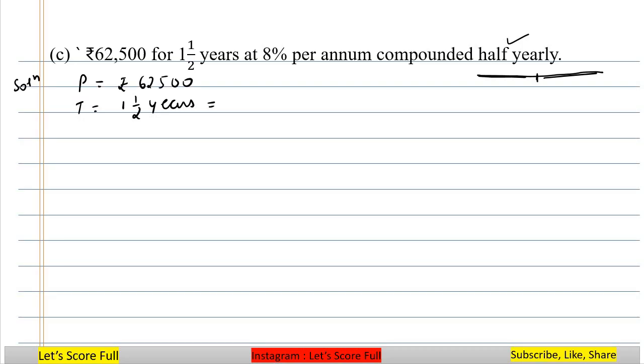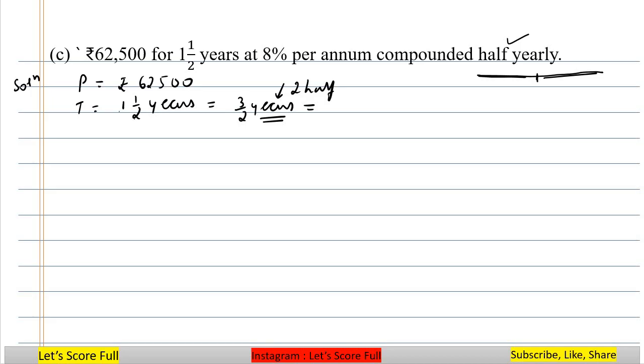In 1.5 years, how many half years are there? So first you have to convert that into a mixed fraction: 2 ones are 2 plus 1, 3/2 years. As it is in years, I need to convert it to half yearly. In 1 year I have 2 half years, right? In 1 year I have 6 months and 6 months, which is a half year.